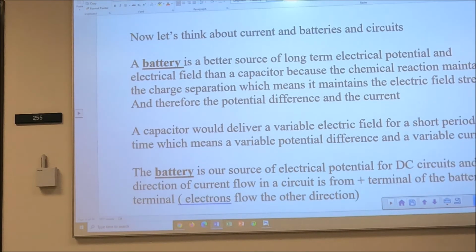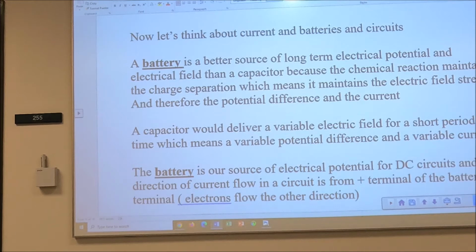Now, let's think about current and batteries and circuits. A battery can be a source of electrical potential and electric fields. A capacitor can also be a source of a current and an electrical potential and an electric field. It's just that in a battery, because you're using a chemical reaction to maintain charge separation, you can maintain the strength of the electric field and the electrical potential and the current for an extended period of time.